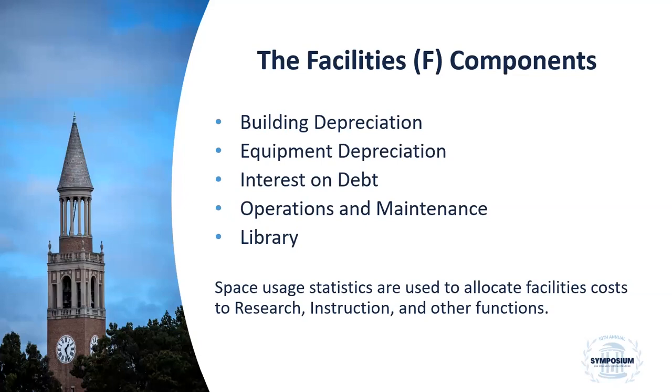Whereas equipment depreciation costs are allocated ultimately to research using the functional use of the particular room that piece of equipment is located in. And then the library does not use space at all. It is kind of an oddball calculation using FTEs, or full-time equivalents, and then the salaries and wages across campus.